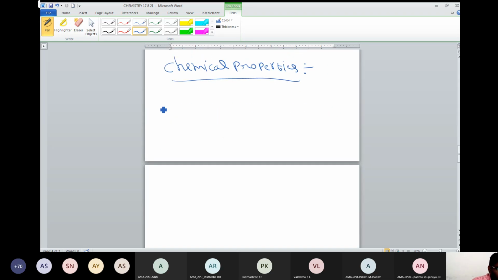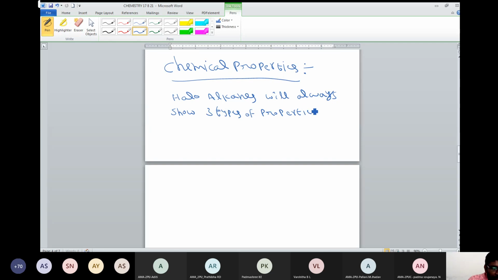Remember, all haloalkanes will always show three types of properties.